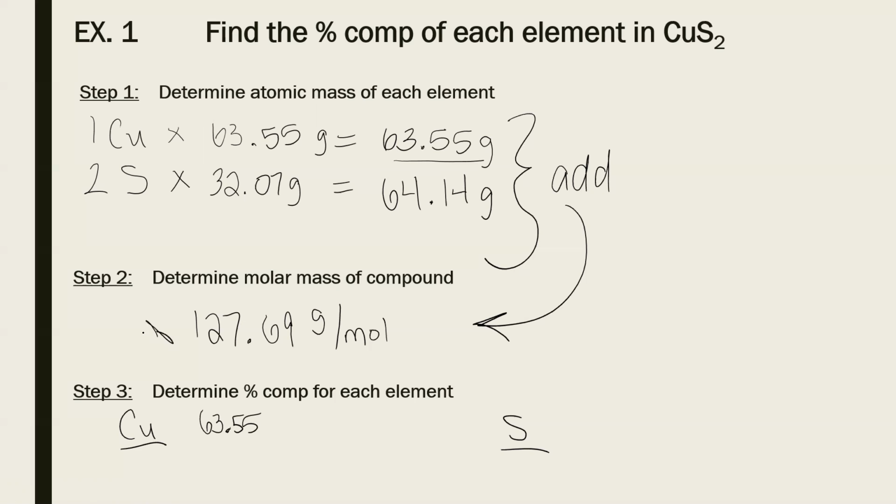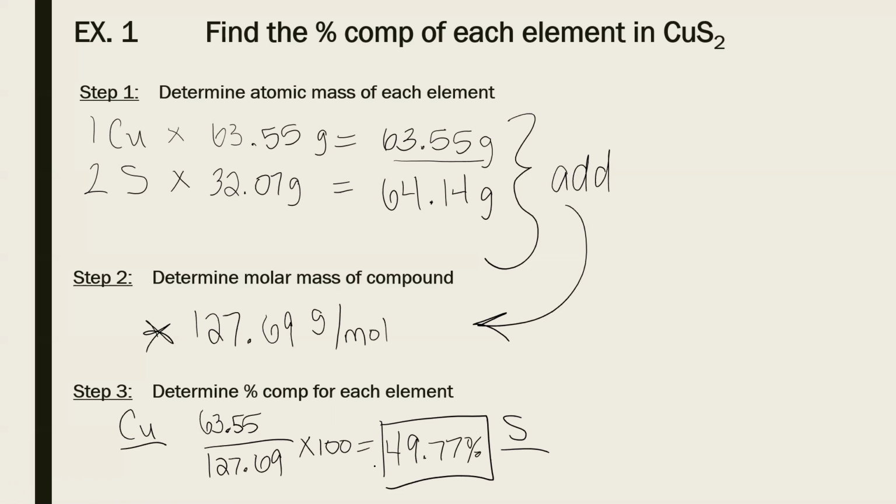And then you need to look at the molar mass of the entire compound. So divided by 127.69. We're trying to figure out how much copper makes up this compound. And then times 100. So you do that math. Once again, 2 decimals is good. I get 49.77%. So copper makes up 49.77% of this compound.